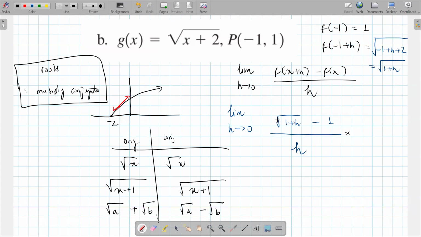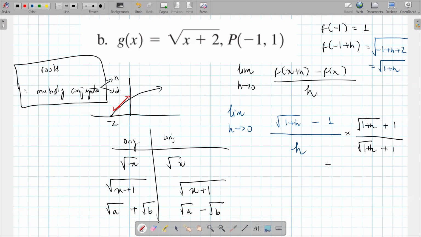So the conjugate of root 1 plus h minus 1 is root 1 plus h plus 1. We do this so that we can use a difference of squares in the numerator. Whenever you're multiplying by a conjugate, you have to do it in the numerator and the denominator. The exact same thing. So root 1 plus h plus 1 in the numerator as well as the denominator.